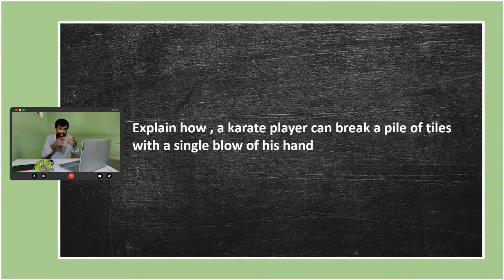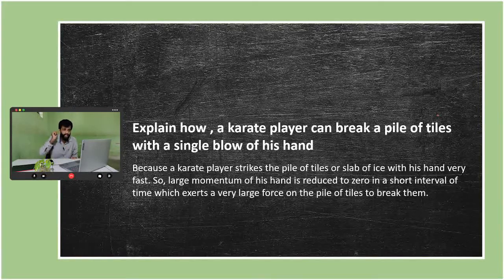Explain how a karate player can break a pile of tiles with a single blow with his hand. Now, you can answer this in the comment section, or you should be able to answer it actually, knowing the second law of motion. In case you don't know, then let me answer for you. A karate player strikes the pile of tiles or a slab of ice with his hand very fast, so a large momentum.